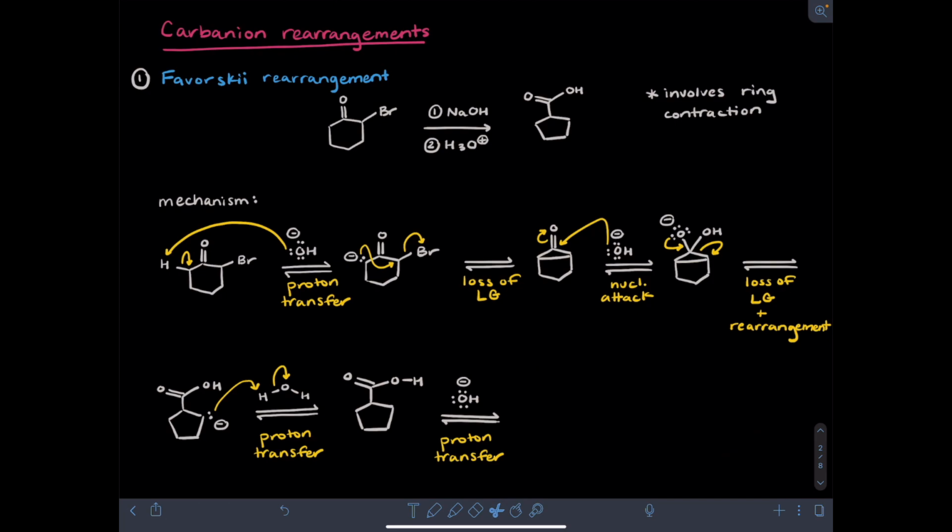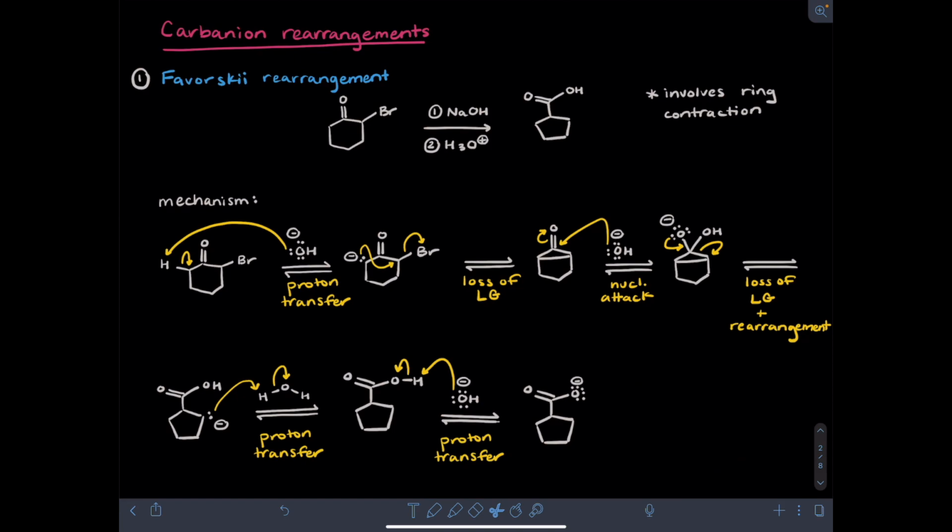But because the carboxylic acid is fairly acidic and the reaction is taking place under basic conditions, you can assume that there's an excess of hydroxide around. A deprotonation will occur. So the hydroxide will deprotonate that carboxylic acid position.